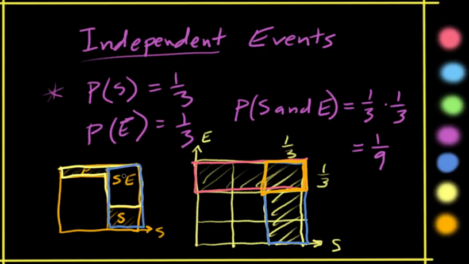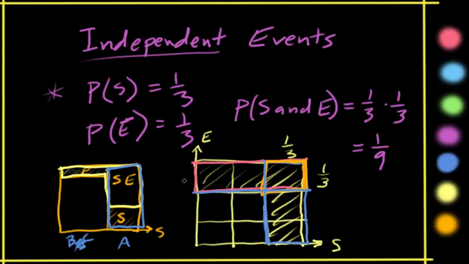But since they're no longer independent, we can't just draw this grid like this with these straight lines, because you can see that if Sam gets an A, Ellie is more likely to get an A. If Sam doesn't get an A, like Sam gets a B or a C, then Ellie is more likely to get a B or a C. And less likely to get an A.